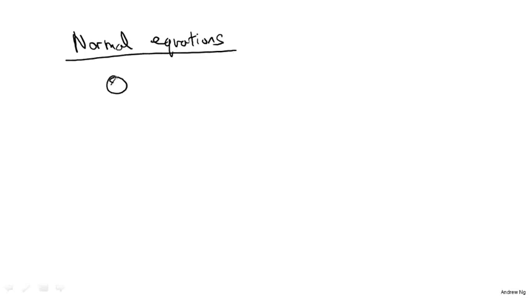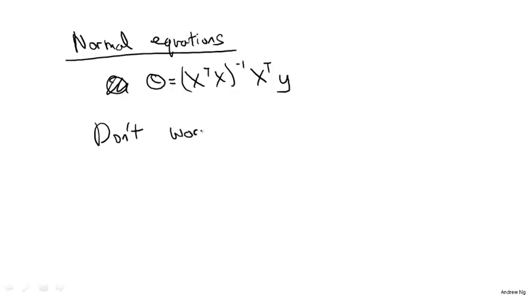One last thing about using the normal equations. The normal equations is the name of the method that we're using to solve for this, right? X transpose X inverse X transpose Y. Technically, the normal equations is a slightly rewritten form of this, but when you're using the normal equations to solve for theta, you don't need to worry about the scale of the features.